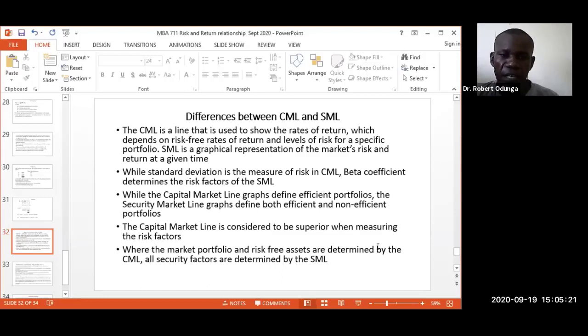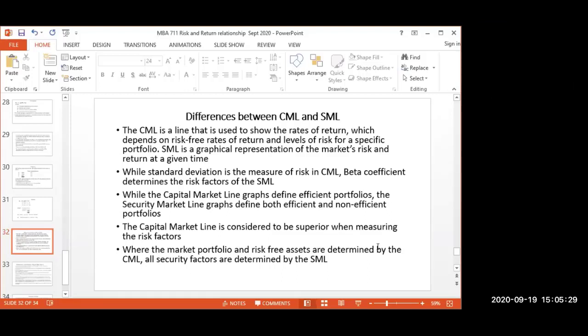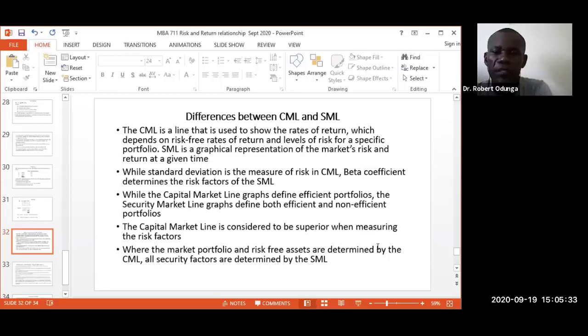While standard deviation is the measure of risk in a capital market line, beta coefficient determines the risk factors of the SML. So when it comes to CML, we use standard deviation, but when it comes to SML, we use beta factor, just like what you've been doing.